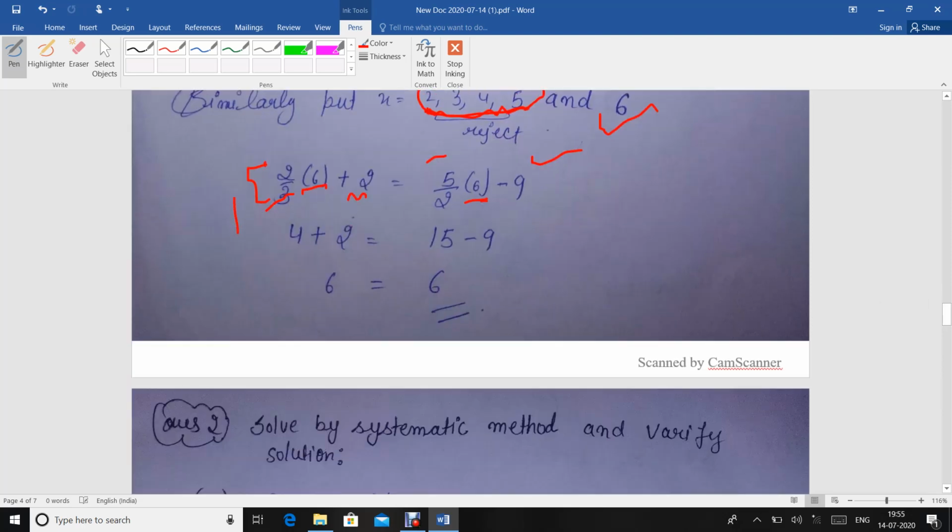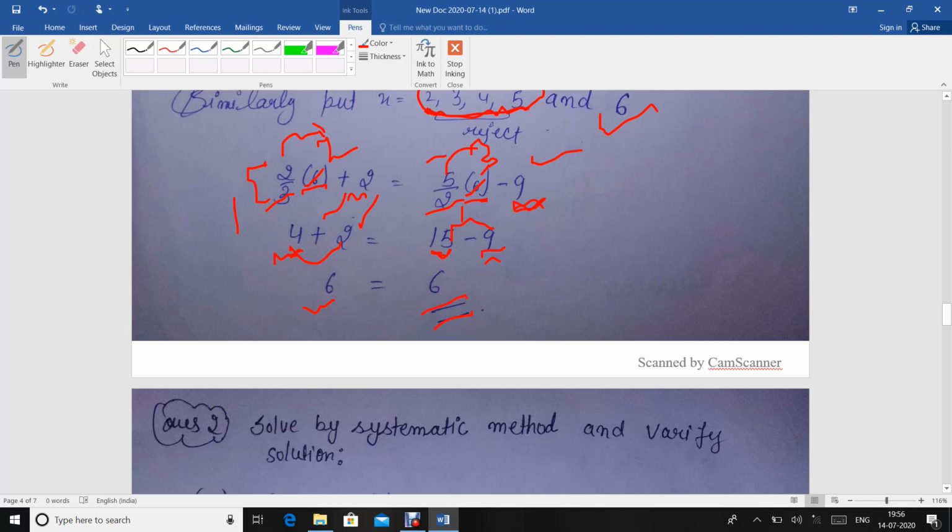See, 3 ones are 3, 3 twos are 6, means 2 multiplied by 2 is 4 plus 2. Similarly, 2 ones are 2, 2 threes are 6, 5 multiplied by 3 is 15, then minus 9. 4 plus 2 is equal to 6, 15 minus 9 is equal to 6.